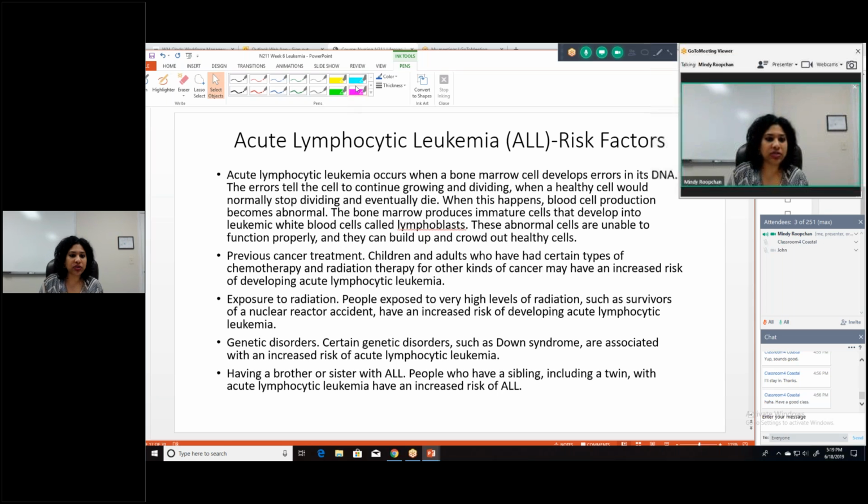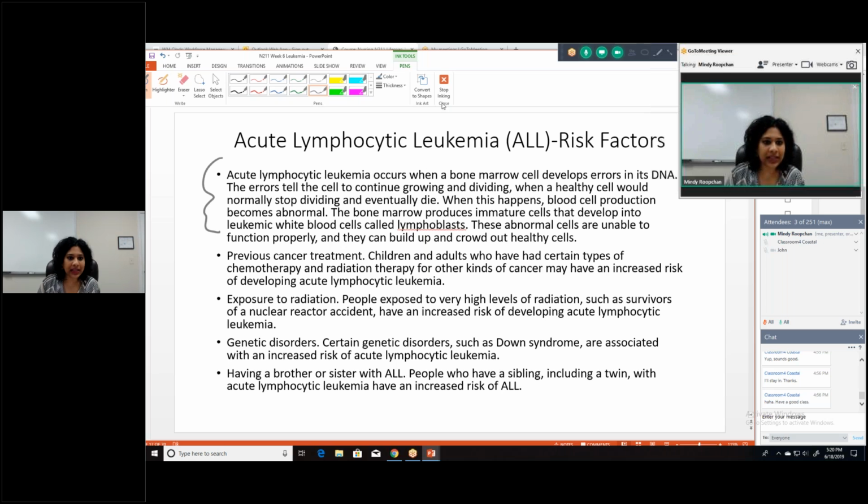So the risk factors for ALL, and this up here, guys, just explains what occurs when there's an error in the DNA. It's pretty much the same for each one we're talking about. I won't read it every single time, but make sure you review it so you understand what happens with the bone marrow. They produce the immature cells, it develops into the leukemic white blood cells.